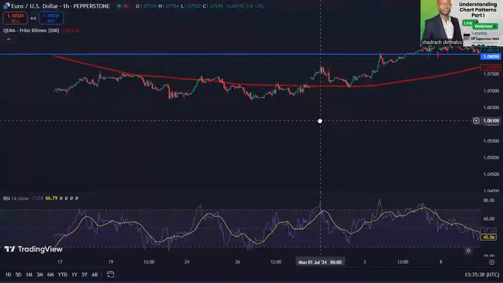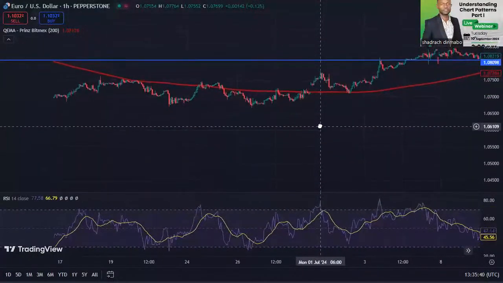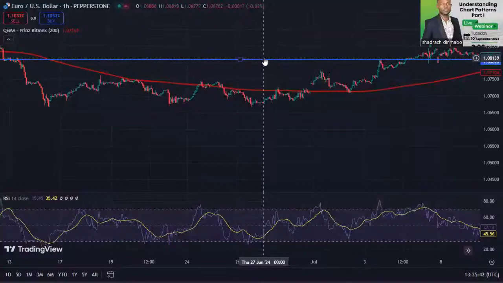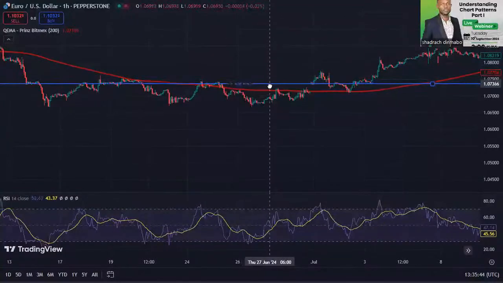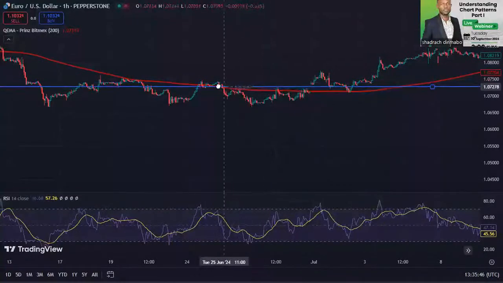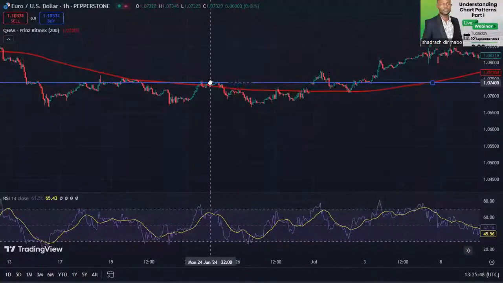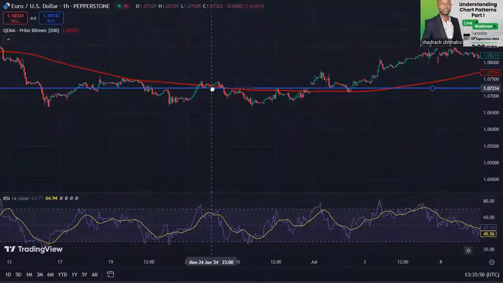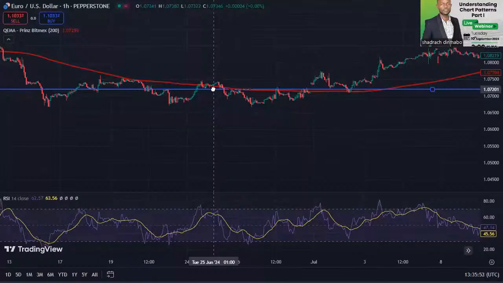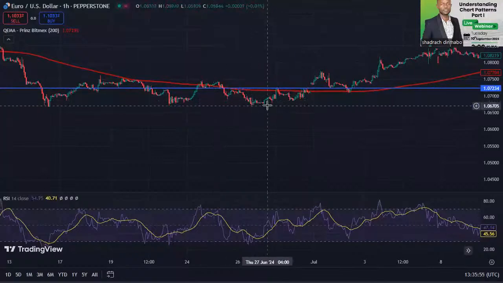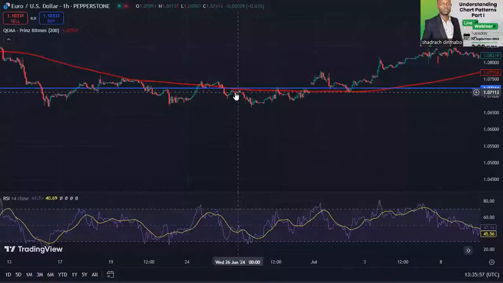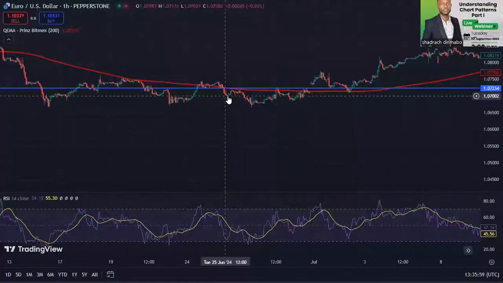All right, so let's look at this, guys. Assuming we have this, let's take here as a horizontal resistance. You could see this particular point.